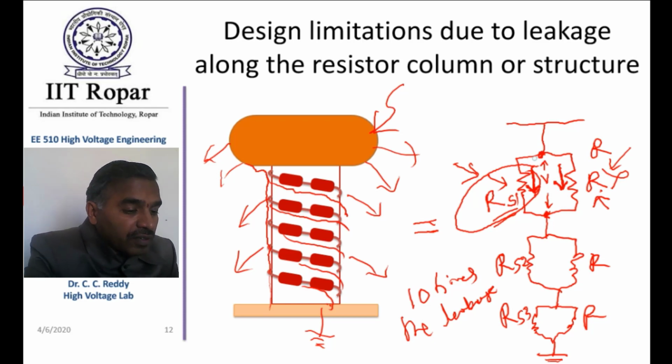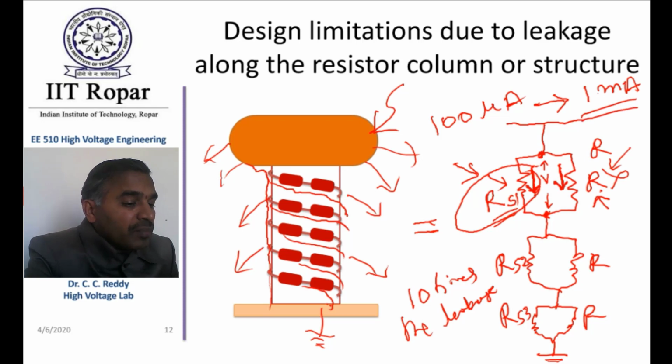So if the surface leakage current is around 100 microamperes, then the divider current should be 100 into 10, 1000 microamperes. Means what? 1 milliampere.